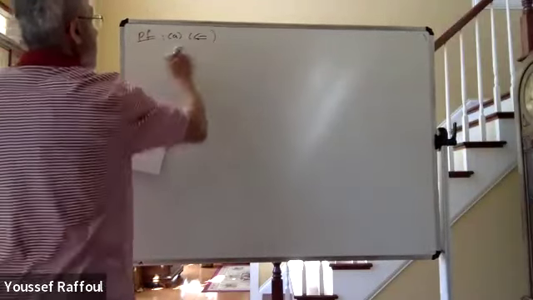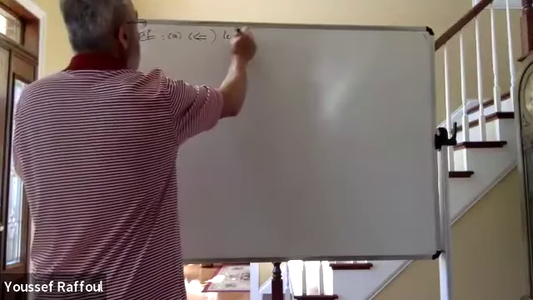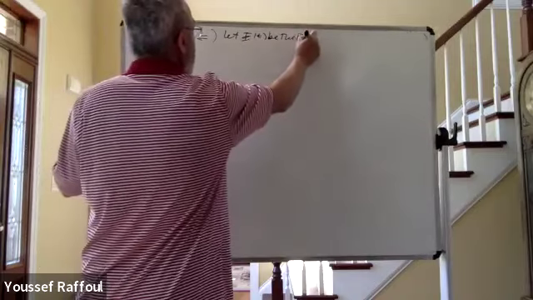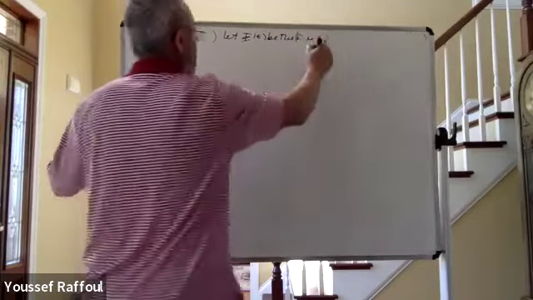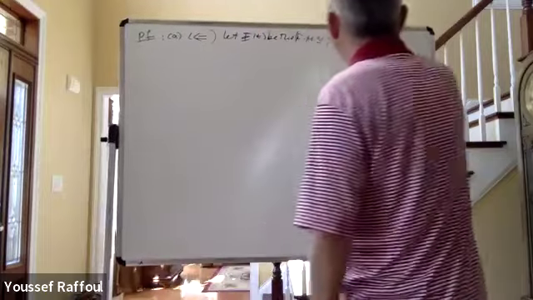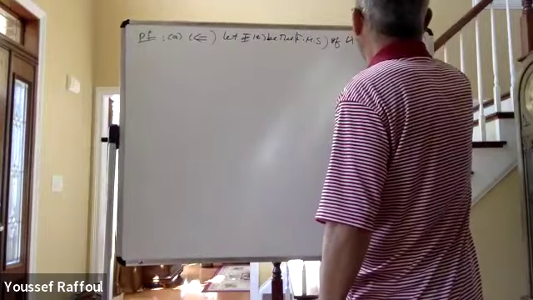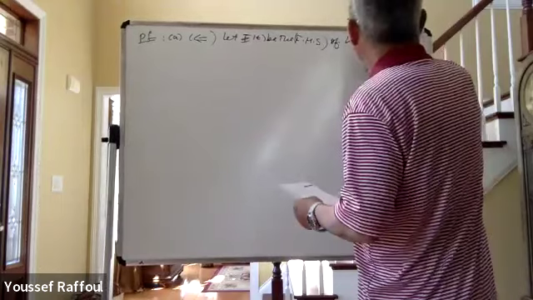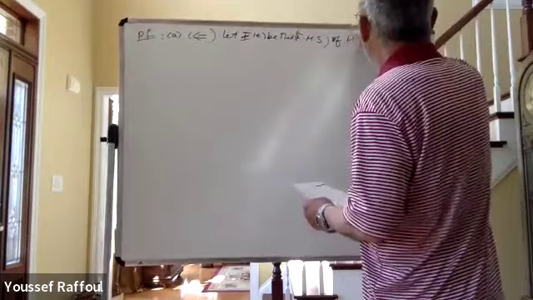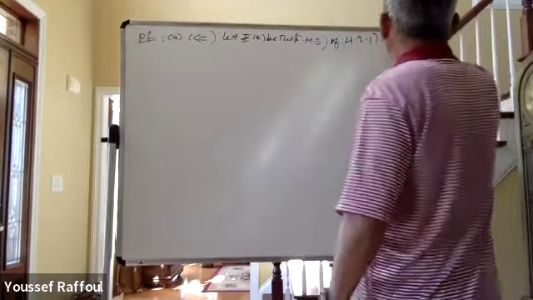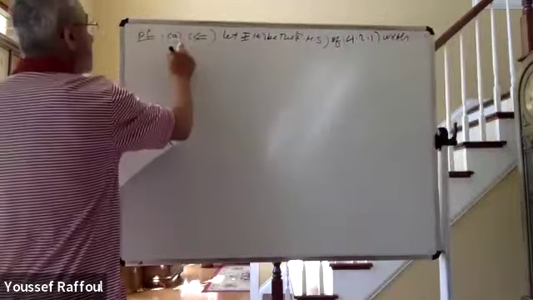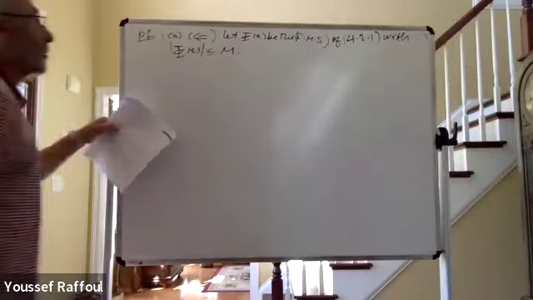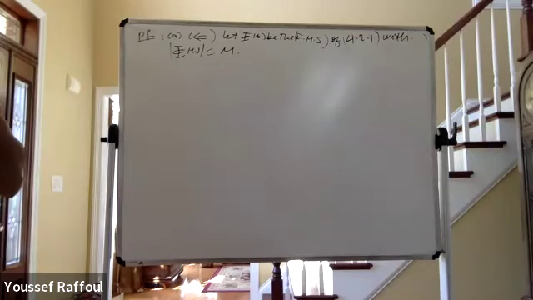Let phi(t) be the fundamental matrix solution of 4.2.1 with the norm of phi(t) less or equal to m. Okay?